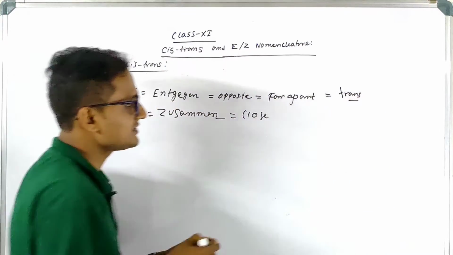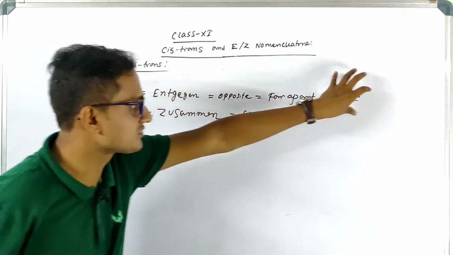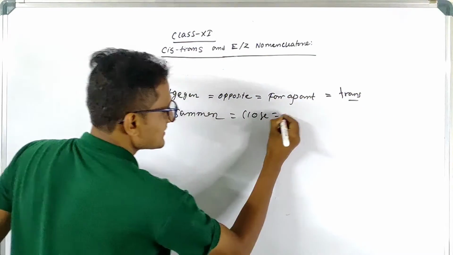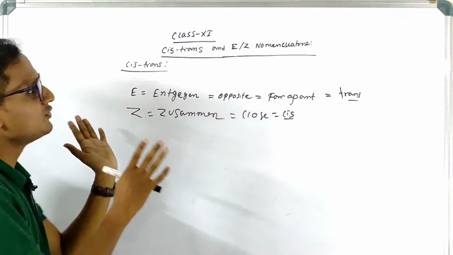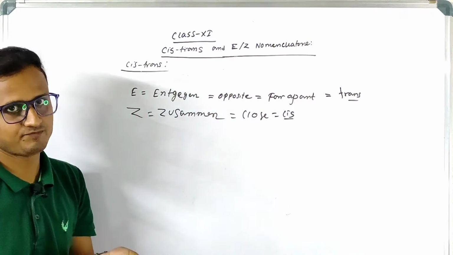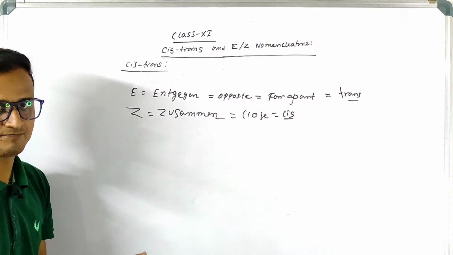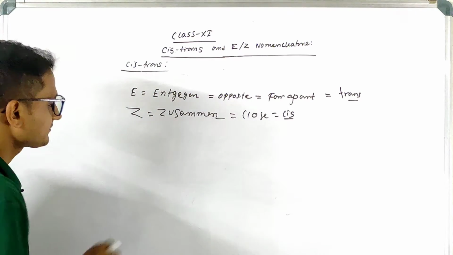So in cis-trans, the compound which is trans will be E, and the compound which is cis will be Z. This nomenclature we will do by another rule. This is very important for your JEE and NEET, and degree course students can also see this.